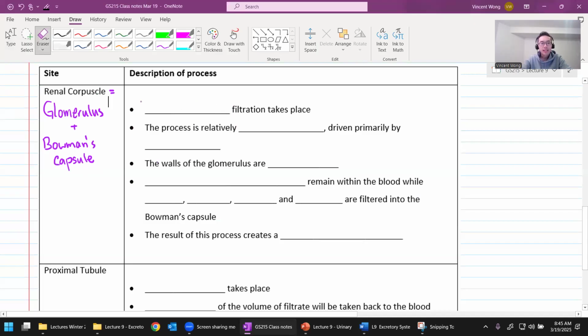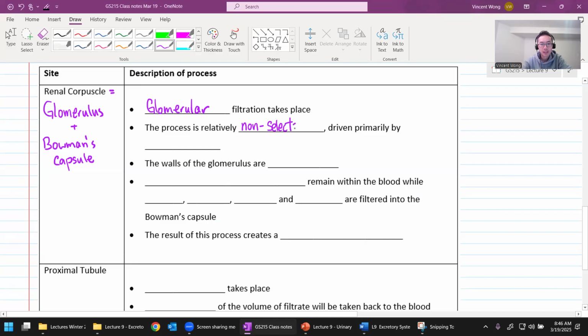Okay, so what happens here at the renal corpuscle? What happens is glomerular filtration takes place. The filtration process is relatively non-selective.